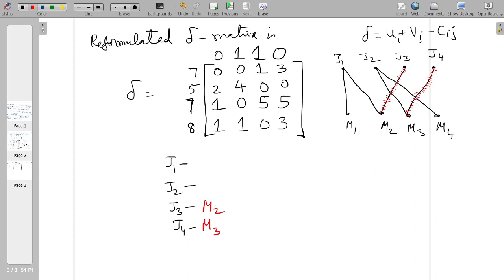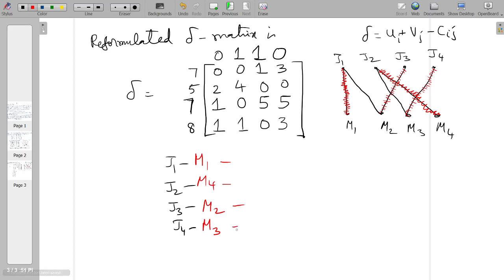And M1 is incident with a single edge, so M1 is assigned with J1. And similarly J2 is assigned with M4. So this is the only matching that is available for this particular problem.